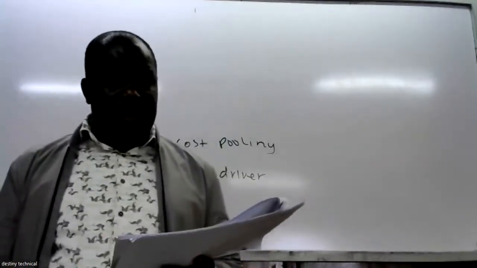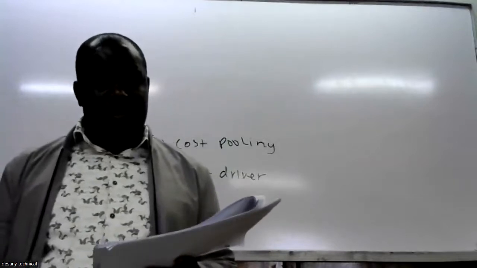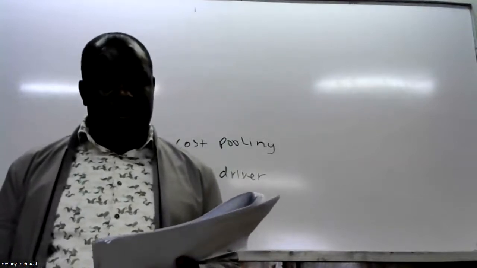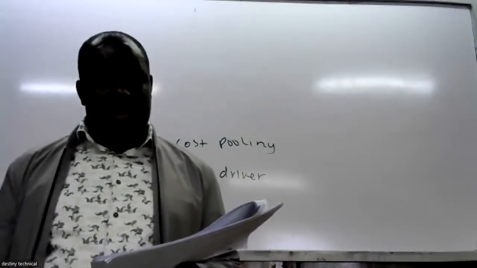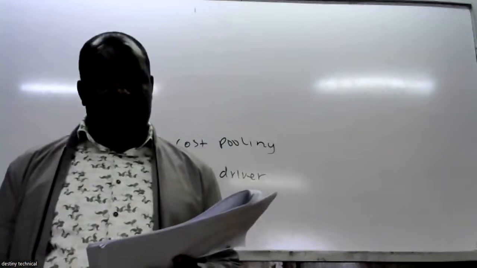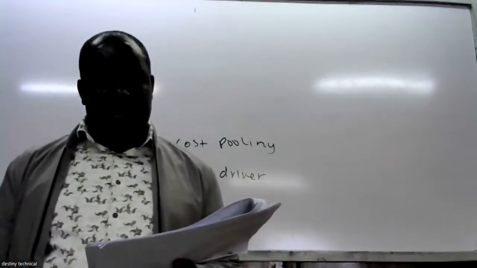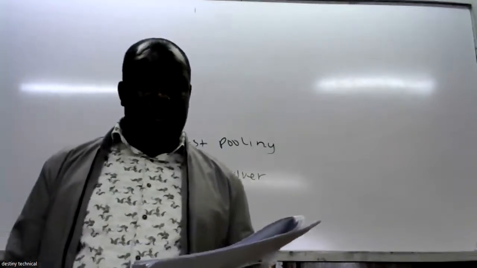So when we start using the traditional method, we need to get the overhead absorption rate. For overhead absorption rate, you have note number 2: production overheads are absorbed on the material cost percentage basis.